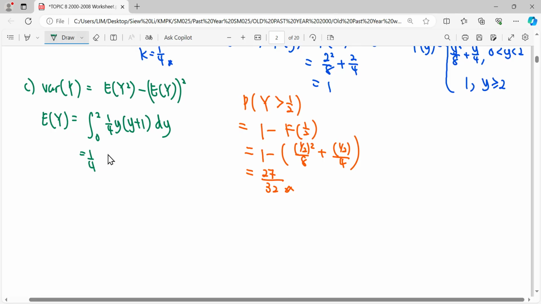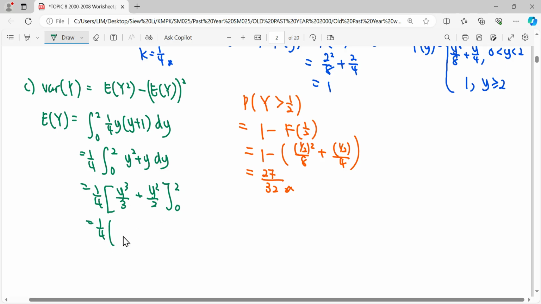So 1 over 4 you can factorize out. Then you integrate 0 until 2. Expand this, it will be y squared plus y. Then integrate, power plus 1 over new power. Substitute upper limit minus lower limit, and you get 7 over 6.